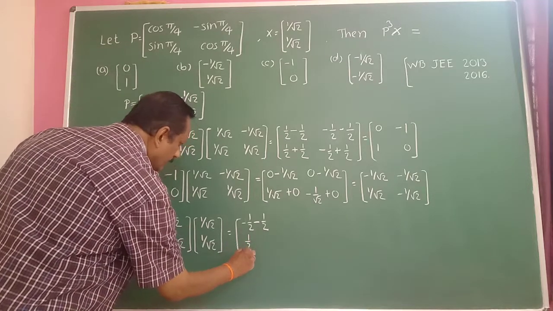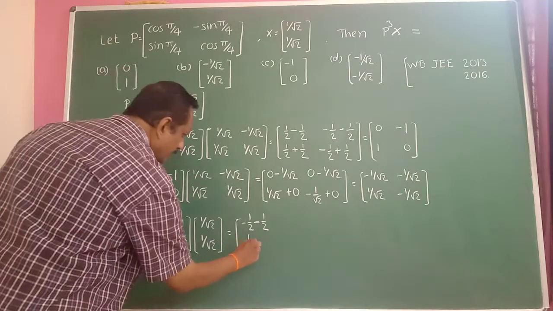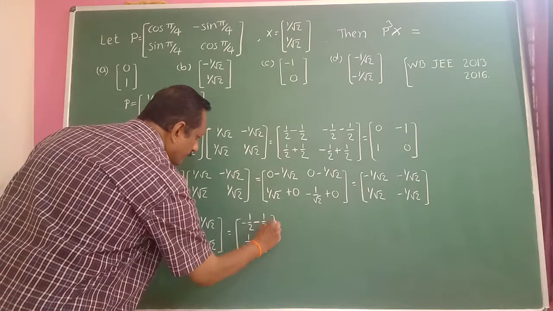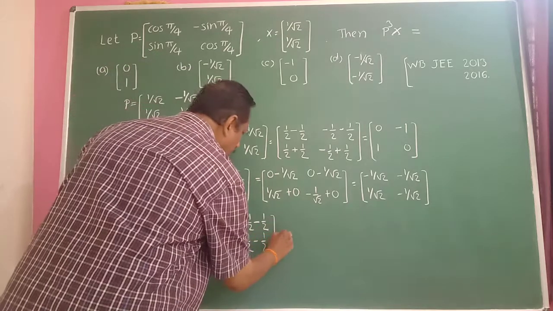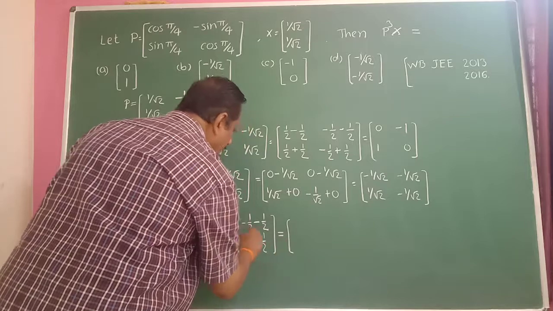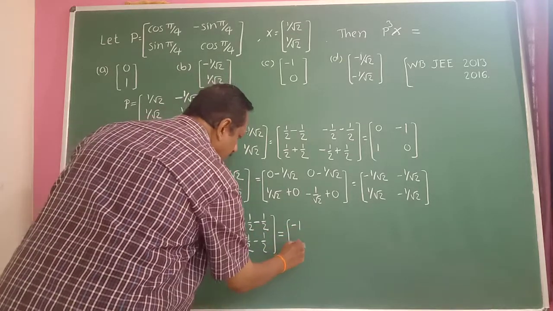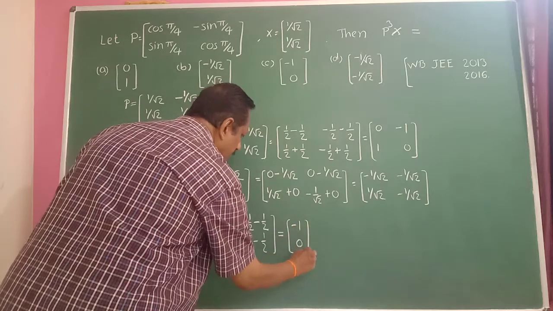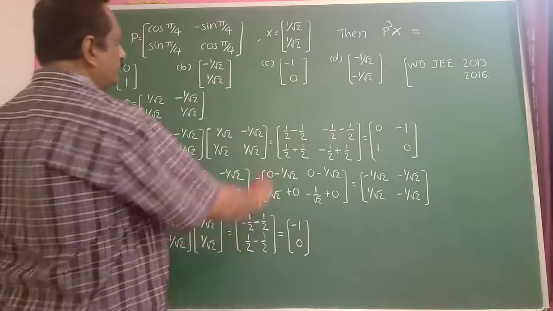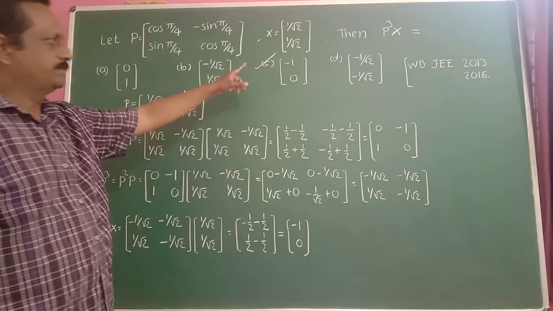Then minus of 1 divided by 2. Therefore this is equal to minus 1 by 2 minus 1 by 2, minus of 1 here. This gets cancelled, remaining is 0. So minus 1, 0. So the third option is correct here: minus 1, 0.